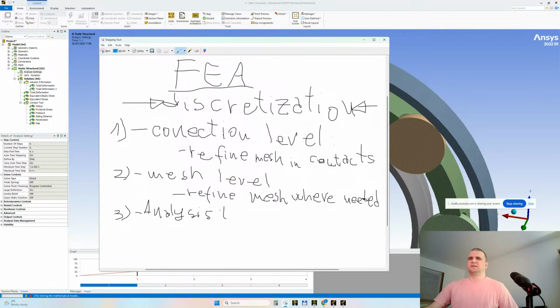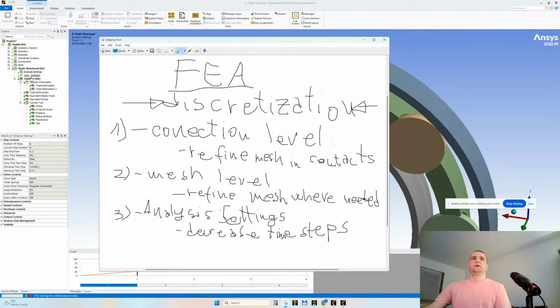I'm talking about, I will not say refine, let's say decrease time steps. Time step values, okay? In general, we'll say time steps.